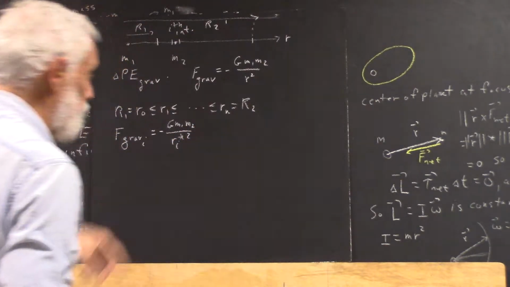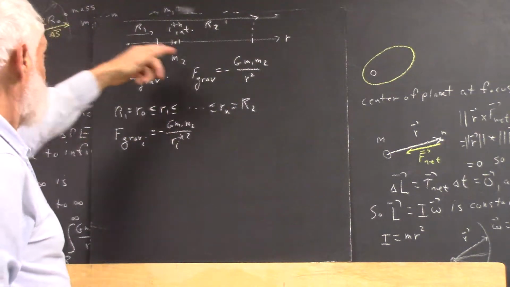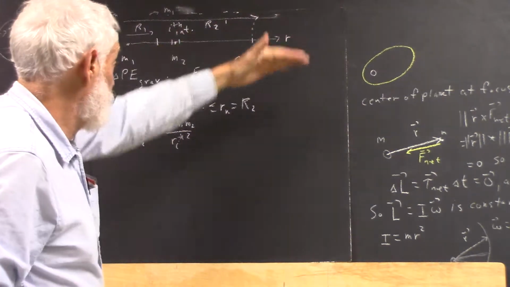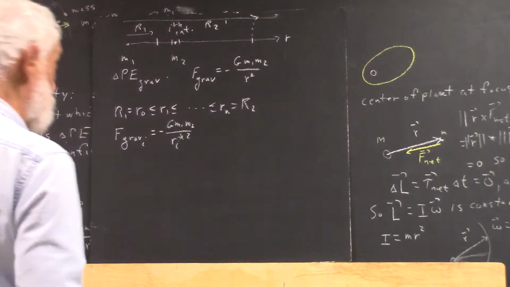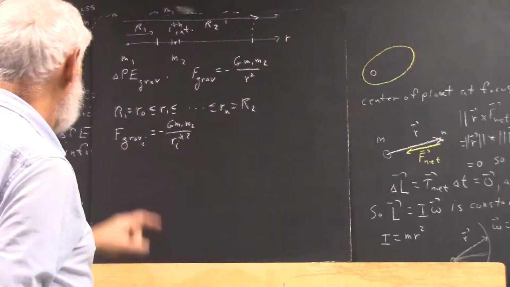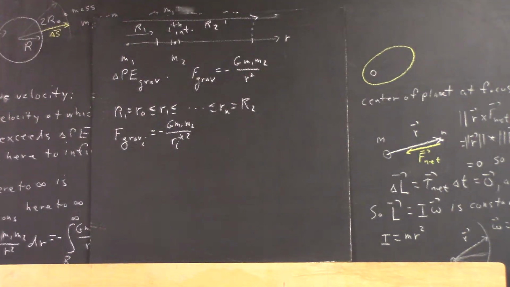Remember, r sub i star is the separation, the position along the r-axis, at some point within the ith interval. And if these intervals are very tiny, the gravitational force is not going to vary much between those two points.